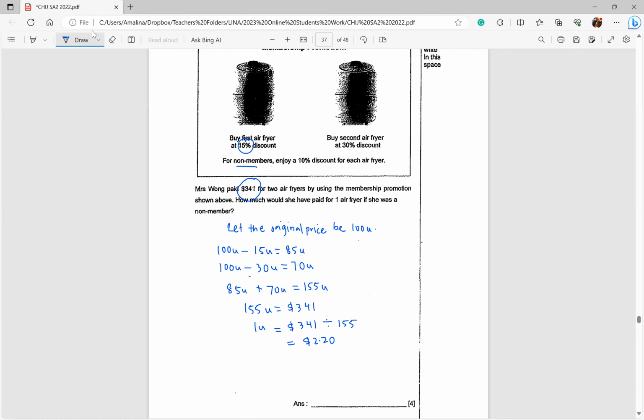For a non-member, I get 10% discount, which means I'm paying 100 units minus 10 units, so you're paying 90 units. Then I take my 90 times my $2.20. So the cost for a non-member for 1 air fryer will be $198.